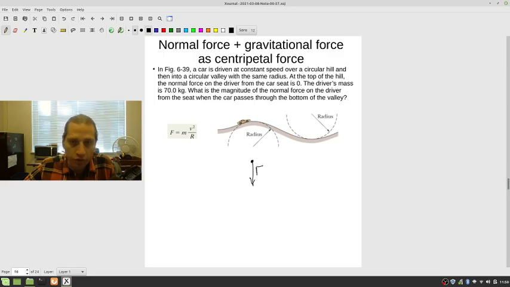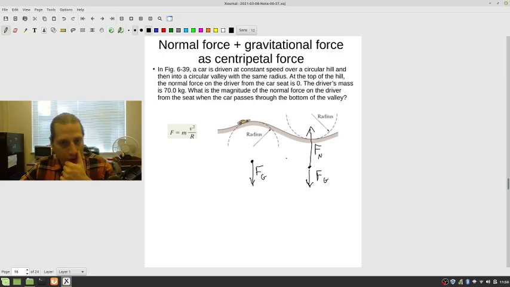So the only force acting on that person is Fg. They feel very light, as though their stomach is going through their teeth. In the other case, they feel super heavy because the normal force is having to push them up, and the force of gravity will be the same.